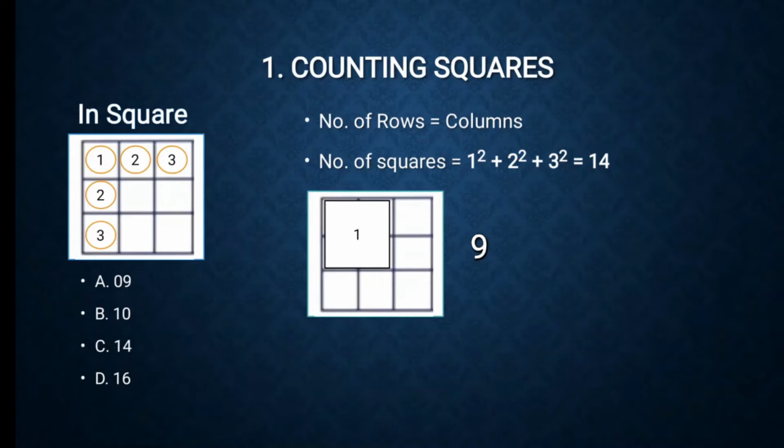How many such squares are there in this figure? 1, 2, 3 and 4. So there are 4 such squares, and I'll add 4 also. Again there is one more square in this figure, the bigger, the main square, the box that is there. So plus 1.